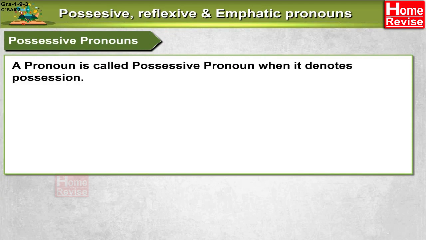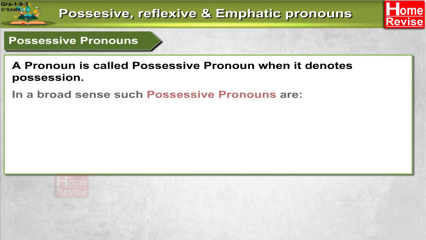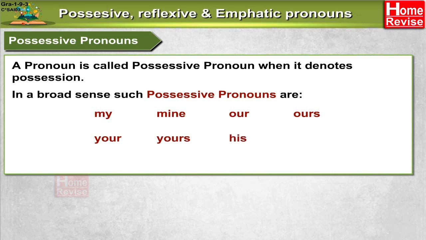A pronoun is called possessive pronoun when it denotes possession. In a broad sense, such possessive pronouns are my, mine, our, ours, your, yours, his, her, hers, their, theirs, its.